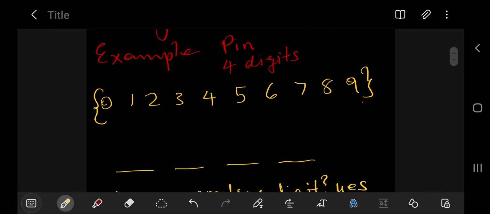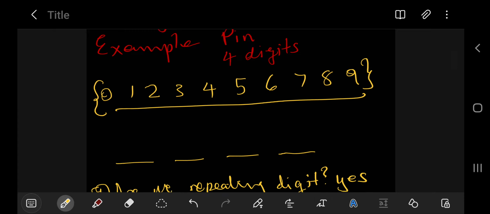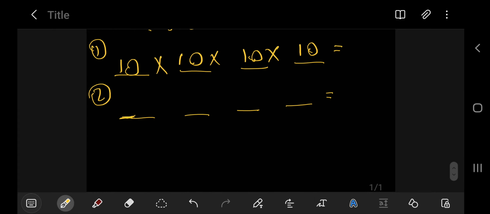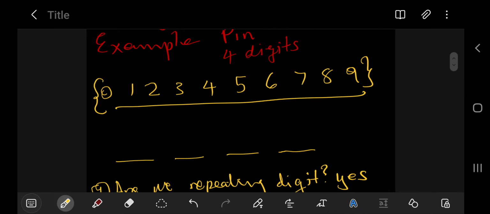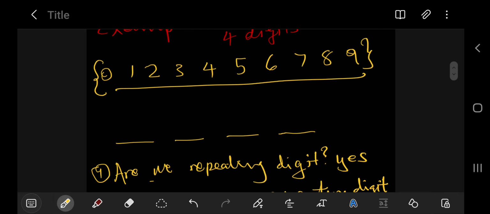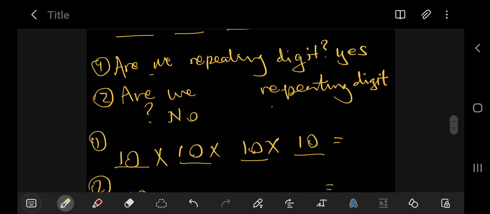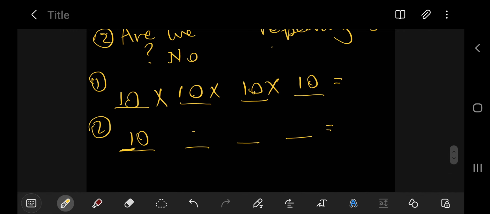You have 10 options, right? 0 to 9, so you have 10 options. So if we are not allowed to repeat, now uthathe u4, for example, awusakwazi ukumphinda. So if uthathe u4, how many options do you have now? So una 9 options, right? Because u4 awusakwazi manje ukumphinda.